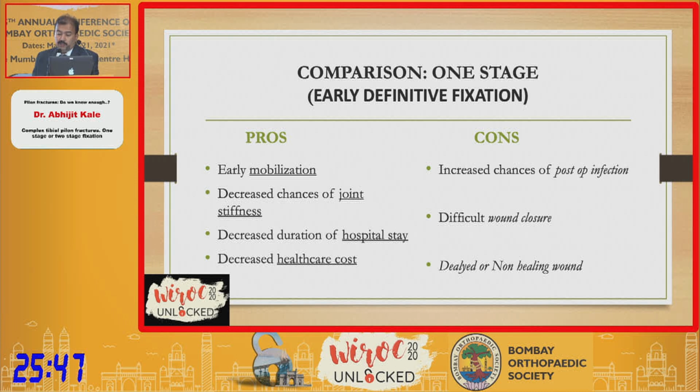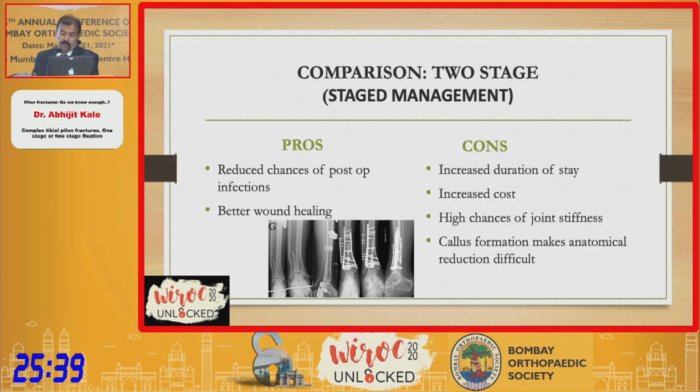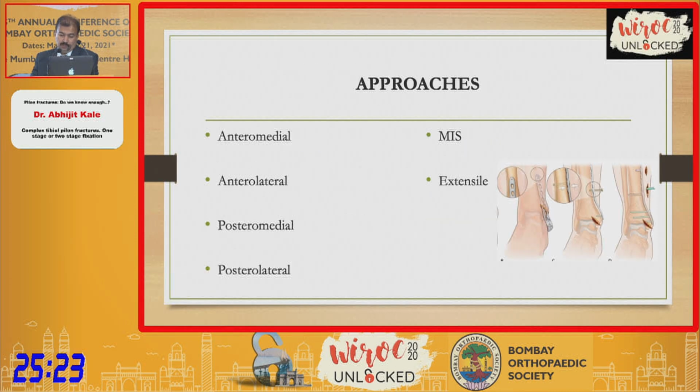At times one may land up with a post-op infection, wound closure is difficult, and at times one may have difficulties in getting a wound healed. Whereas the advantages of a one stage procedure are the disadvantages of a two-stage procedure. The two-stage procedure will invariably lead to an increased duration of stay, increased cost, and high chances of joint stiffness.